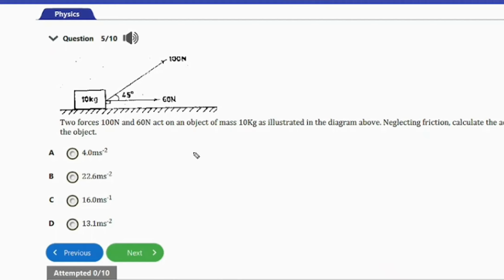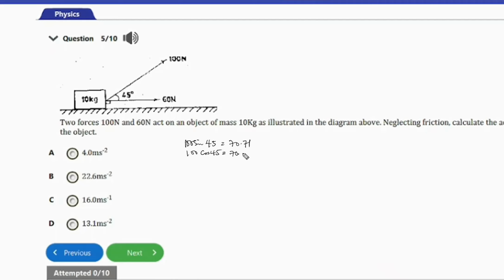In order for us to check out the vertical and horizontal components of the 100 newtons, we are going to do 100 sin 45. 45 is the angle here, angle 45 degree. So that's 70.71. And we're also going to do 100 cos 45. And that's also 70.71.